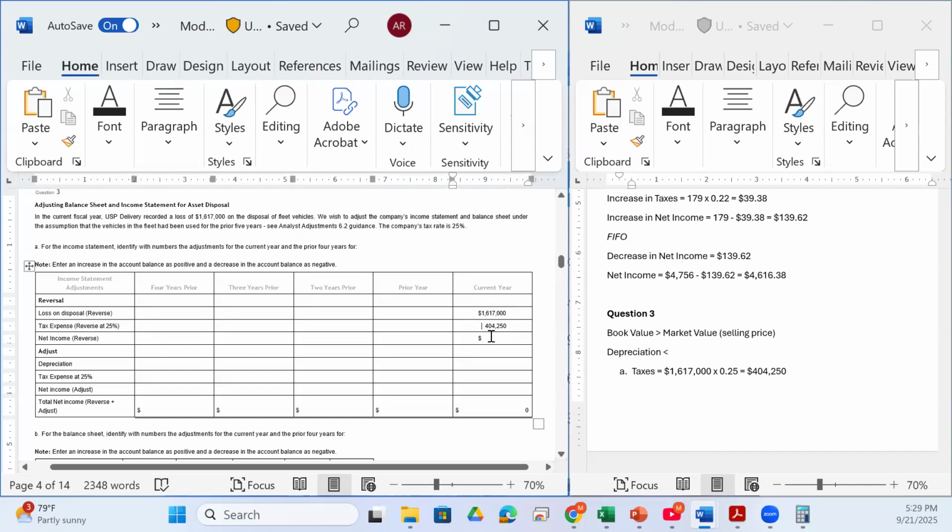Now the net income will be then, this is my gain amount, but tax also increased, so the difference between these two.